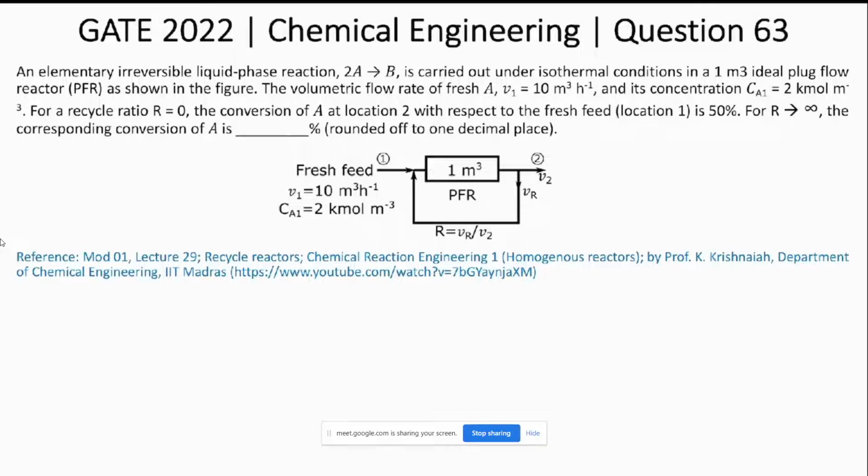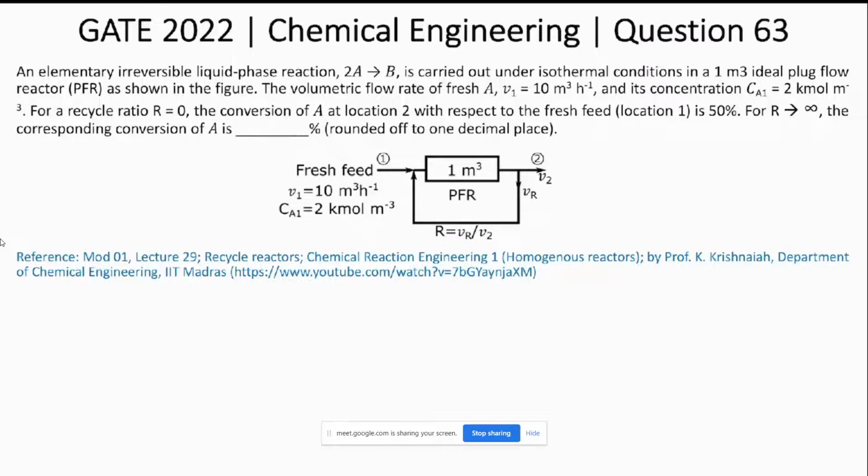This is based on the recycle reactor that we learned in the previous lectures. Let's first read through this question. An elementary irreversible liquid phase reaction 2A gives B is carried out under isothermal conditions in a 1 meter cube ideal plug flow reactor as shown in the figure.